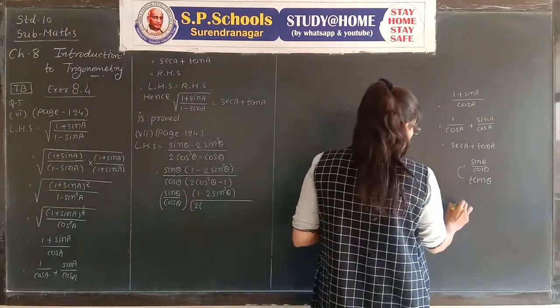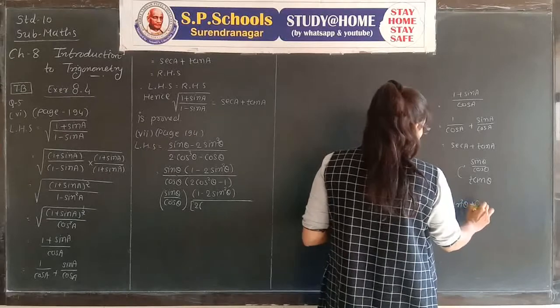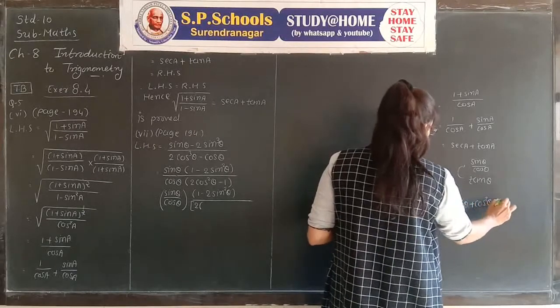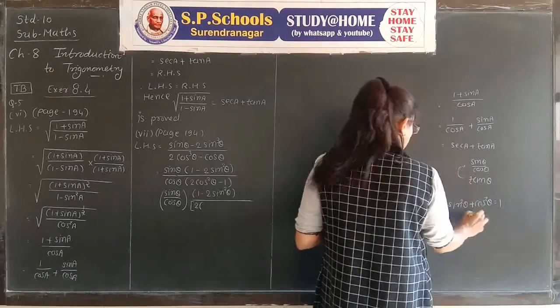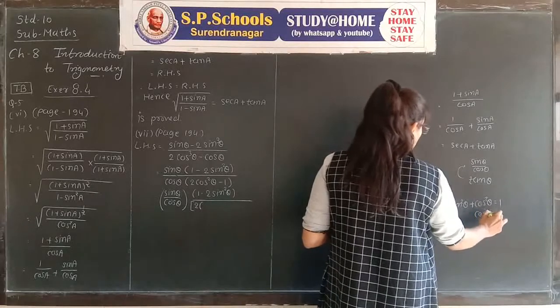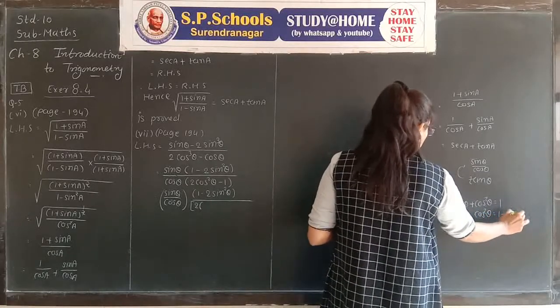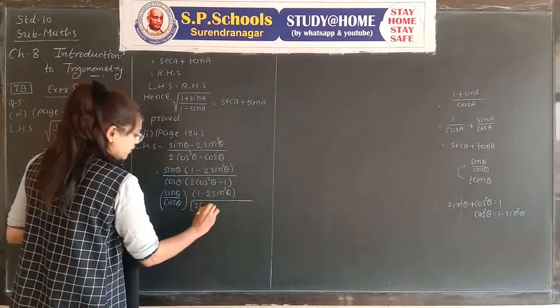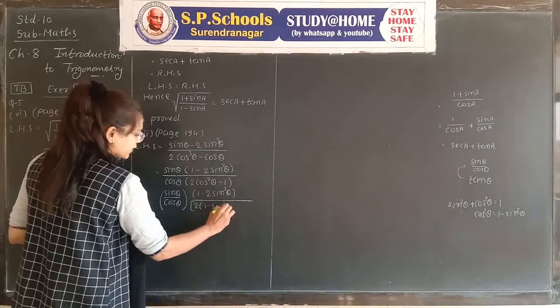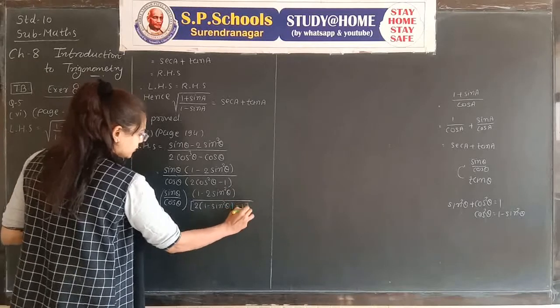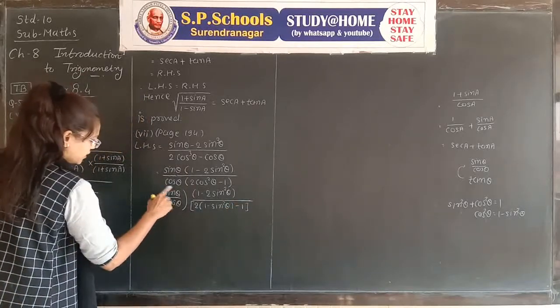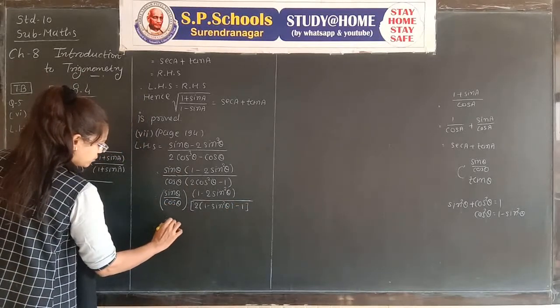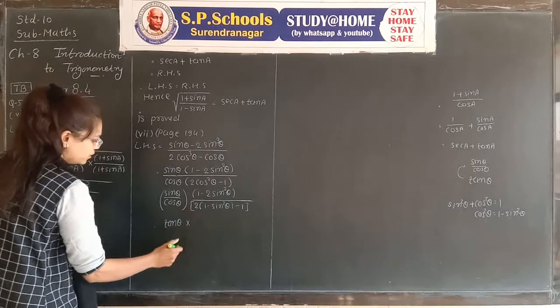As we know, sin square theta plus cos square theta is equal to 1. That's why instead of cos square theta we write 1 minus sin square theta, minus 1.